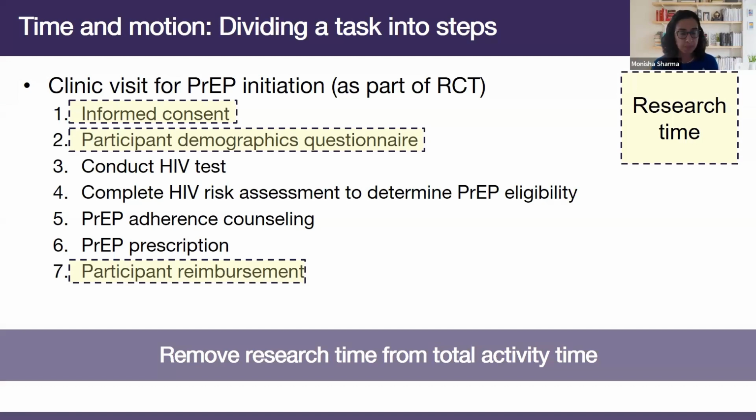And then perhaps because it's an RCT, there's a reimbursement of the participant. So those are all research time that if this intervention was going to be implemented as a program, those wouldn't exist. So you generally time and remove the research time from the total activity time.